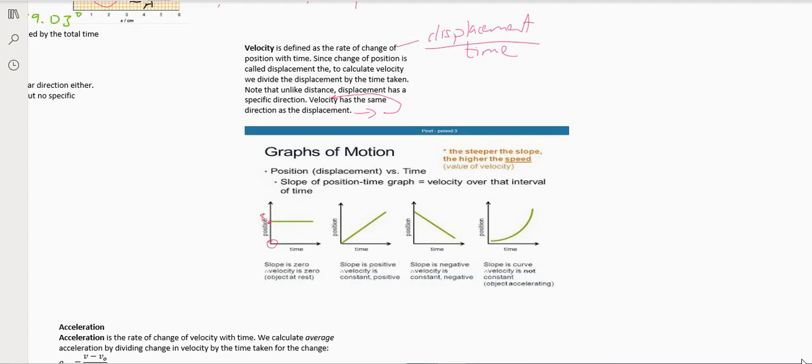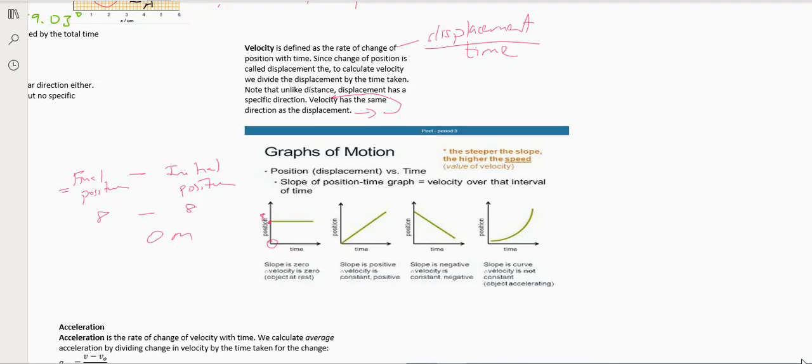So because we know that final position minus initial position gives us displacement, then if 8 is my initial position, and 8 is my final position, then clearly there's no displacement, there's no change, so that is going to be 0 meters.